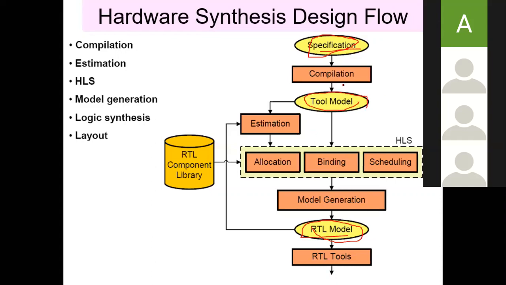From the system specification, that is the high level language or C language, we convert that C code to an intermediate model, called the tool model. We can use this tool model for doing some estimation. That means we will have different parameters to be computed, right? We may be worried about the performance, power, etc. of that particular design.